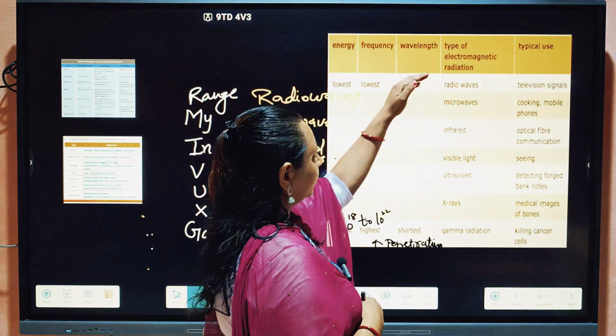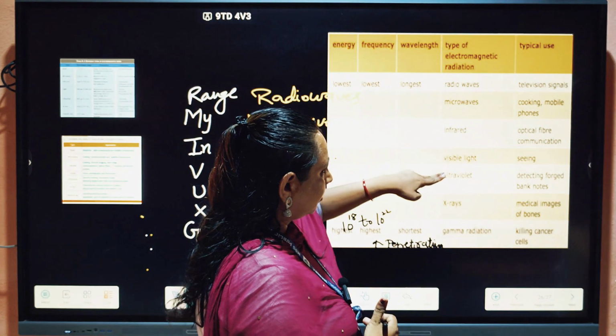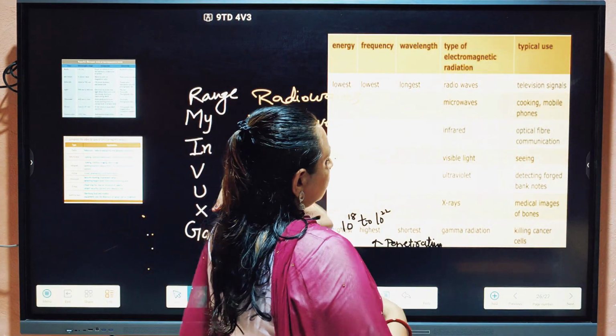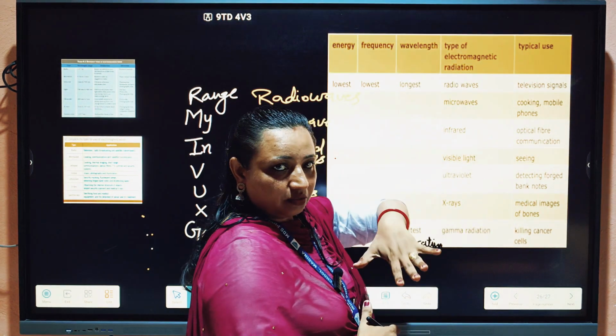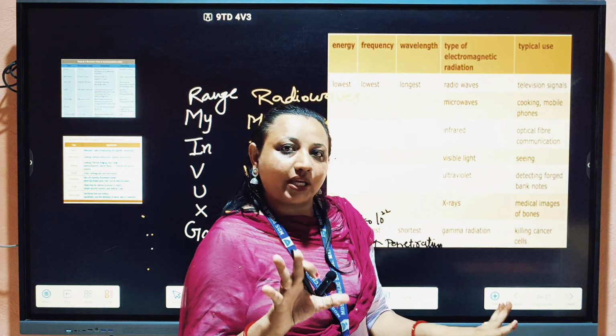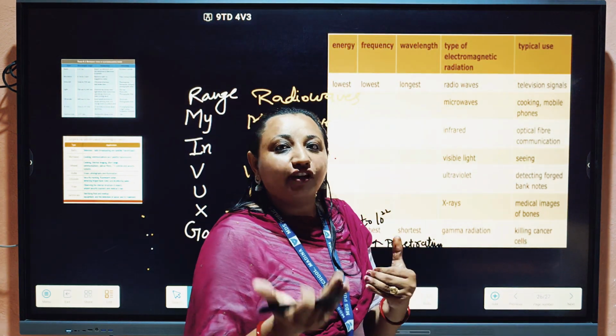In this, radio, micro, infrared, visible, ultra, X-rays, gamma rays, right? Like that. So how is it an orderly distribution? It is an orderly distribution on the basis of increasing or decreasing frequency, or increasing or decreasing wavelength.